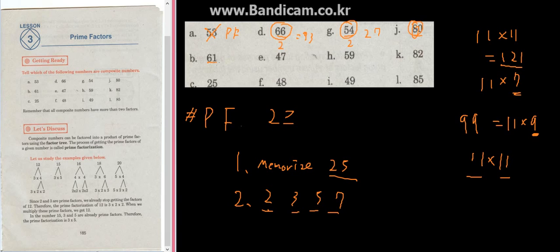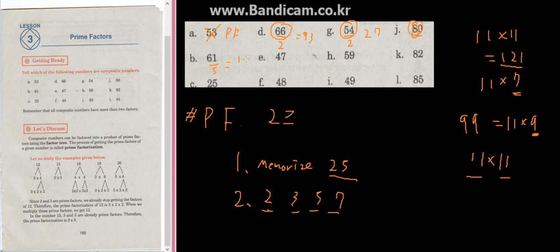How about 61? Let's try to divide with 2, and it comes out as 30.5. It's a decimal. No, it cannot be. How about 3? This comes out with 20 and 1 over 3. We don't want fractions. How about dividing with 5?